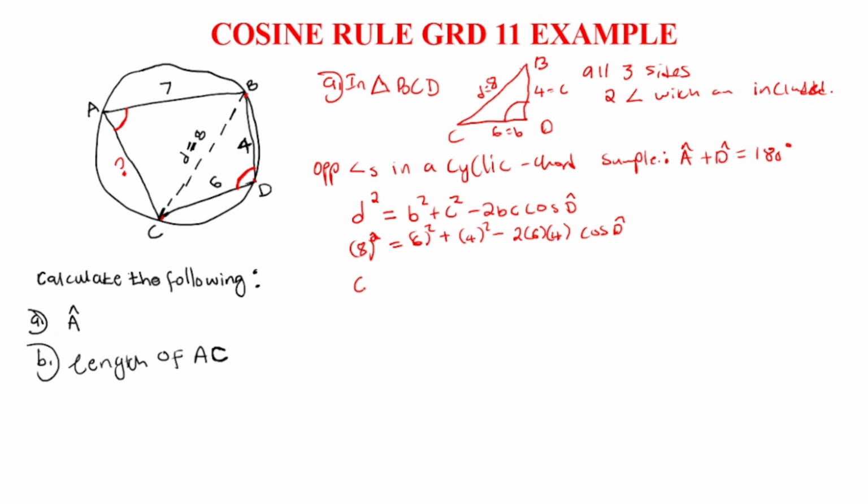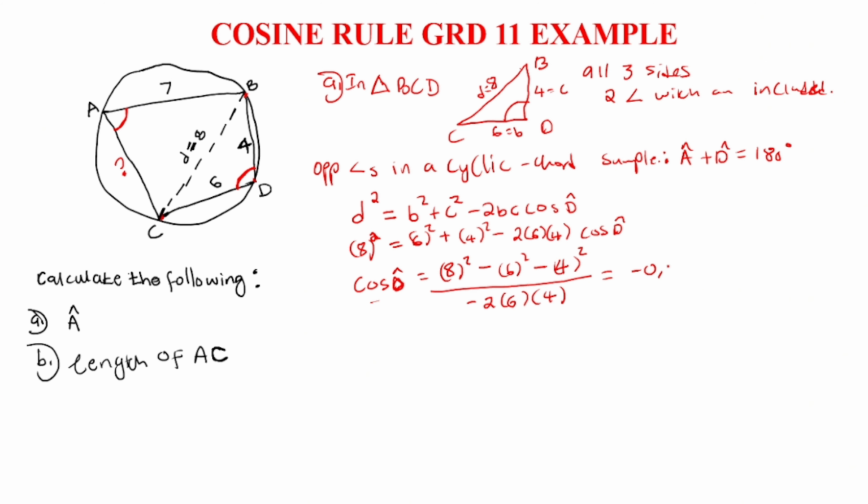You have 8 squared here, minus 6 squared, since you take the 6 squared to this side it must change the sign, and minus 4 squared, which also jumps the equal sign and changes the sign. Then you are looking for cos only, therefore you must divide both sides by -2 times 6 times 4. If you punch this in the calculator, it gives you -0.25.